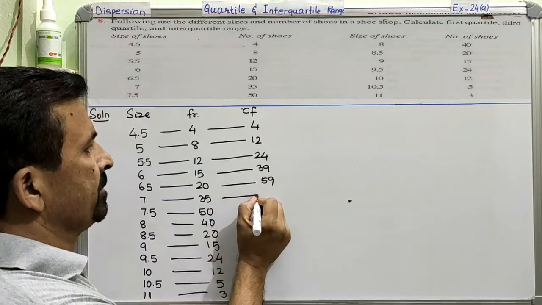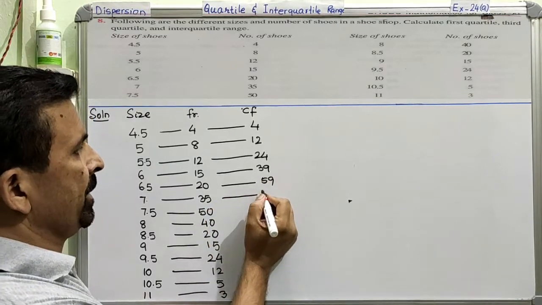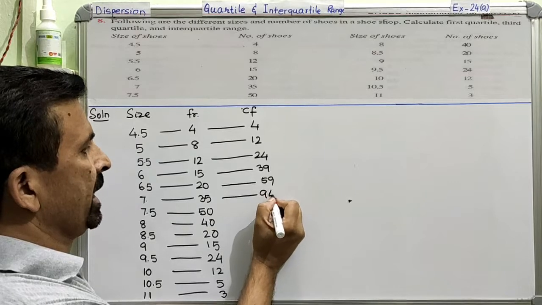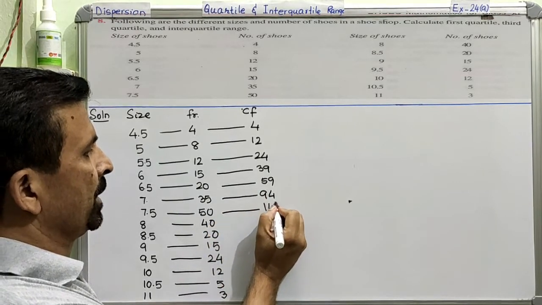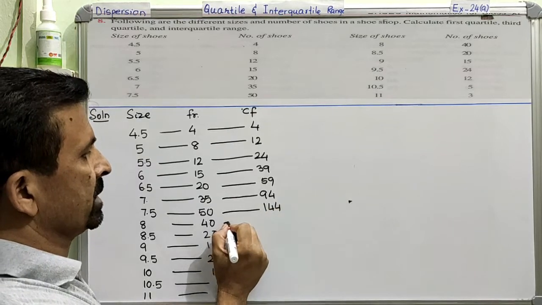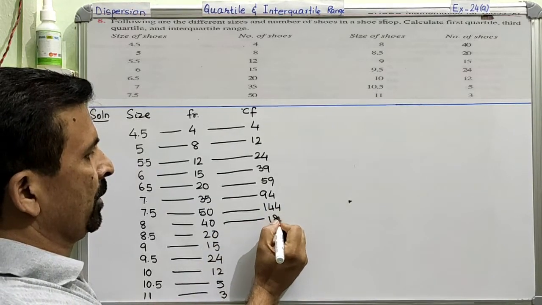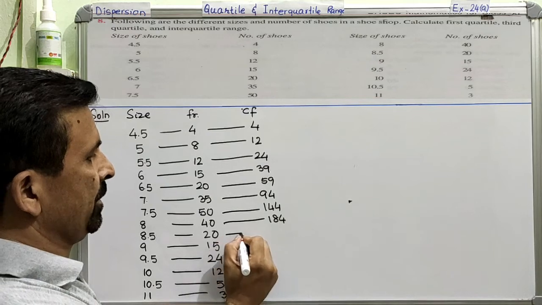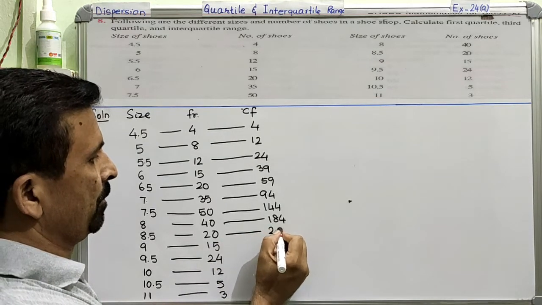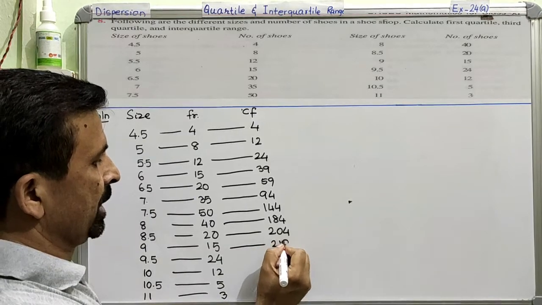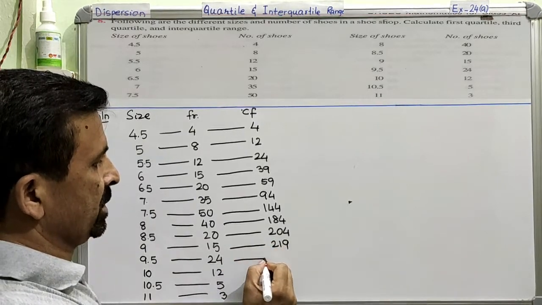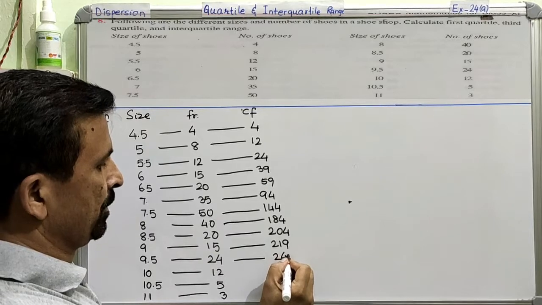Then this will be 94. Then this will be 144. Then this will be 184. Then this will be 204. Then this will be 219. Then this will be 243.